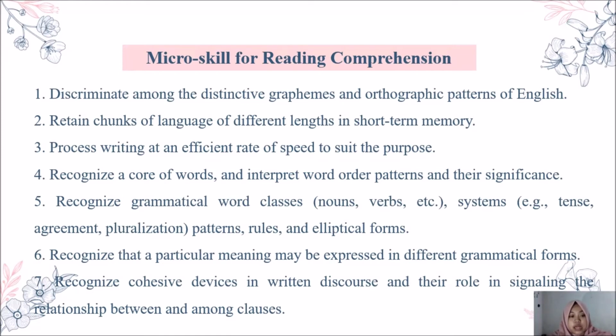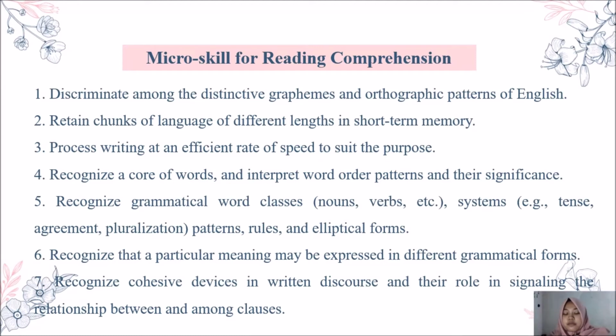Number 4, recognize a core of words and interpret word order patterns and their significance. Number 5, recognize grammatical word classes, noun, verb, systems, tense, agreement, preposition, patterns, rules, and elliptical forms.